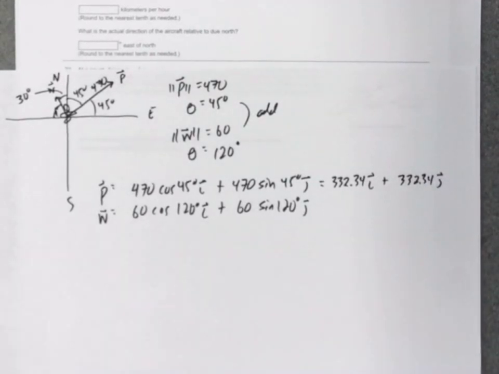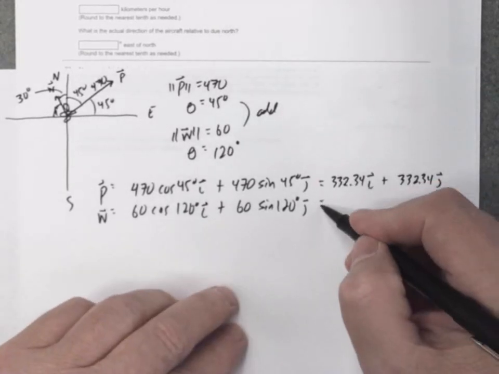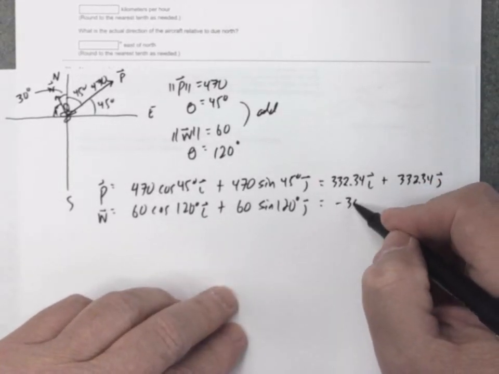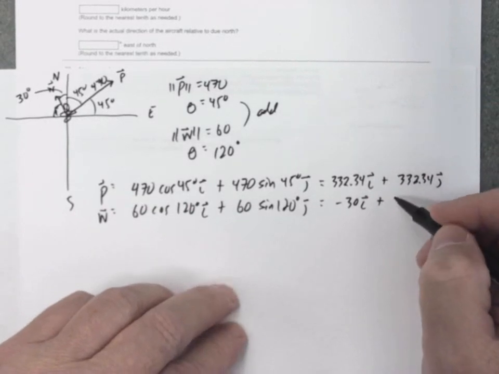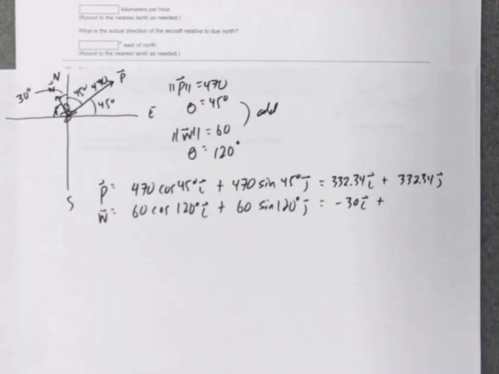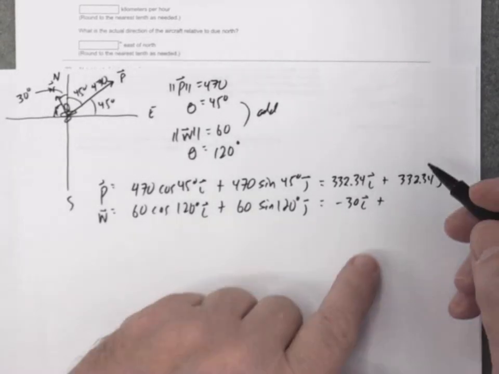Now 60 times cosine of 120, plus negative 30. That's the I part. 60 times the sine of 120, 51.96.